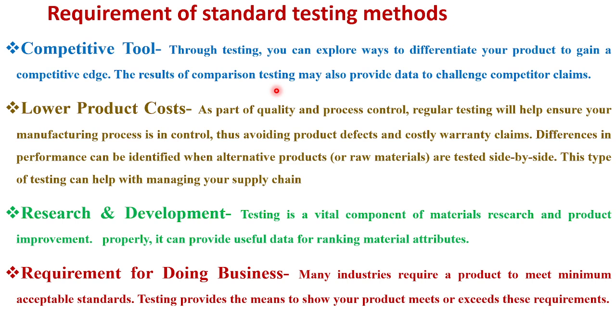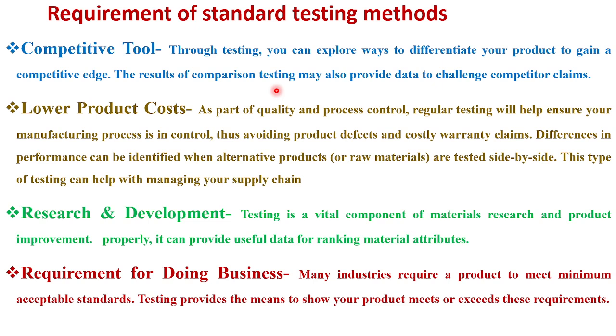The third one is research and development purposes. Testing is very important for any industry and for research and development labs, and it will also provide different rankings of your developed material based on different properties.